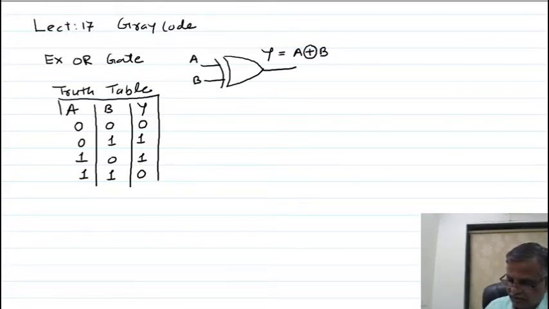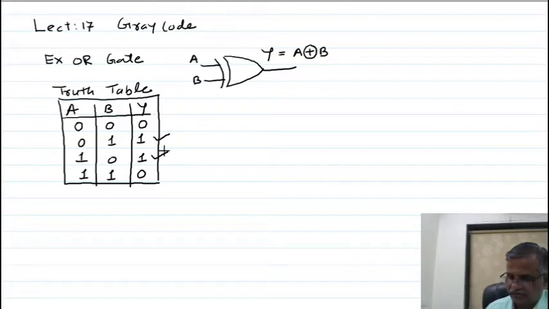The truth table indicates that when both the inputs are at different levels, the output is 1. Look here, when A is 0 and B is 1, the output is 1.